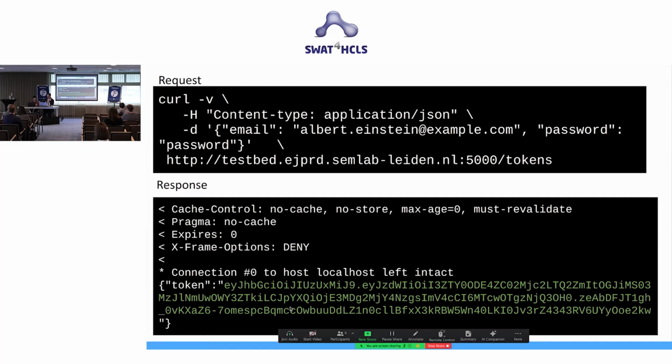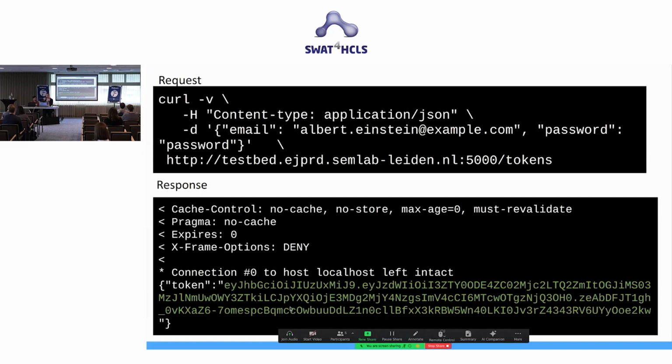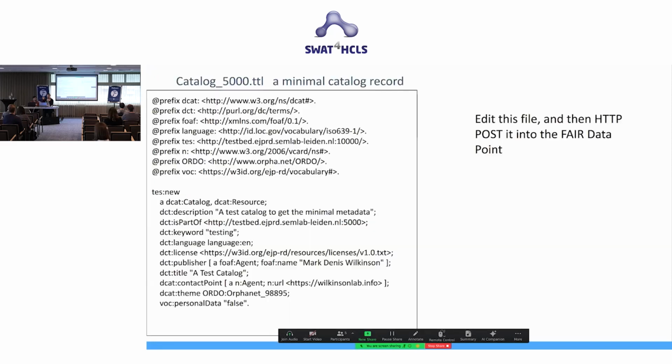This is an example. And then all your next calls will have that token to identify that you are the person doing them. So you have access to that server. I will show it later.